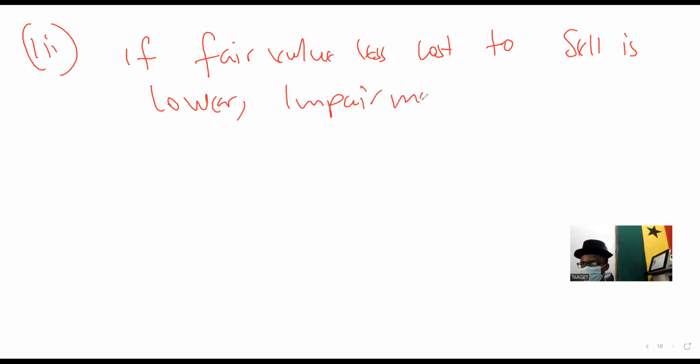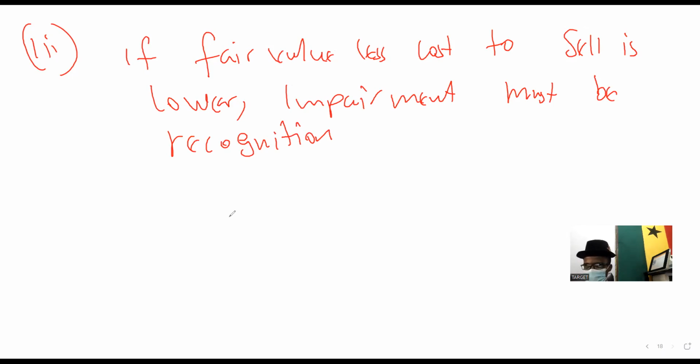Additional impairment must be recognized. For that one, no big deal. But watch carefully the number 4. Please watch number 4 carefully. That is where all the issue is.